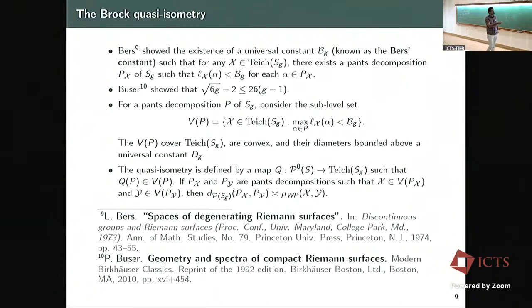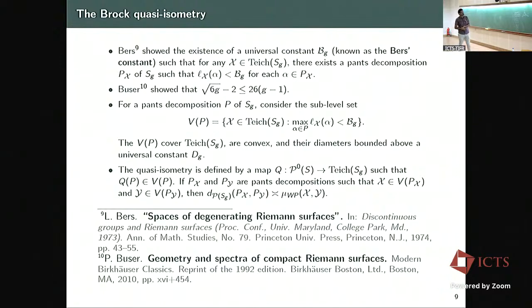Buser derived a lot of bounds for this Bers constant, and the most prominent are these lower and upper bounds, where root of 6g minus 2 is a lower bound, and here is a mistake. There's a typo here. This is less than or equal to B_g, less than or equal to 26 times (g minus 1). I'm sorry, sorry about that.